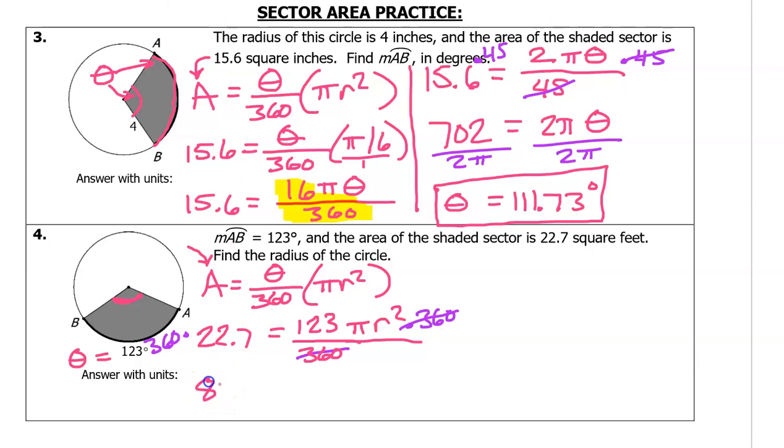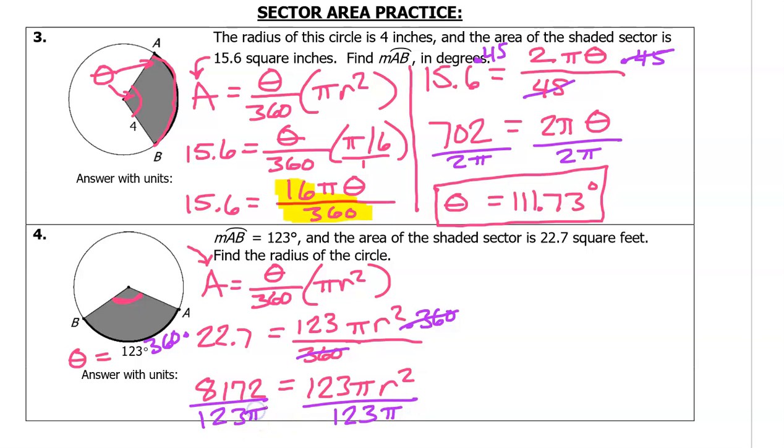So I've got 8,172 is equal to 123 pi r squared. Let's go ahead and divide both sides by 123. In fact, we're trying to get r by itself, so we need to divide by 123 and pi.